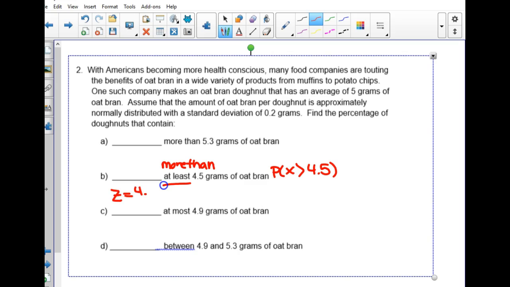You will have to show your work for the z-score. 4.5 minus the mean of 5 divided by the standard deviation of 0.2. When I do that, again, please hit enter with your numerator, or use parentheses. So 4.5 minus 5 divided by 0.2, and we get negative 2.5.